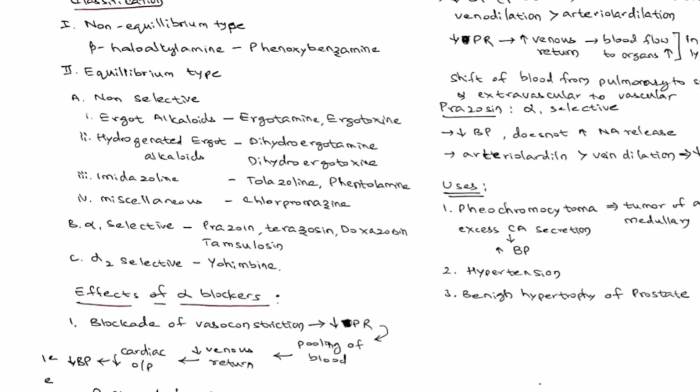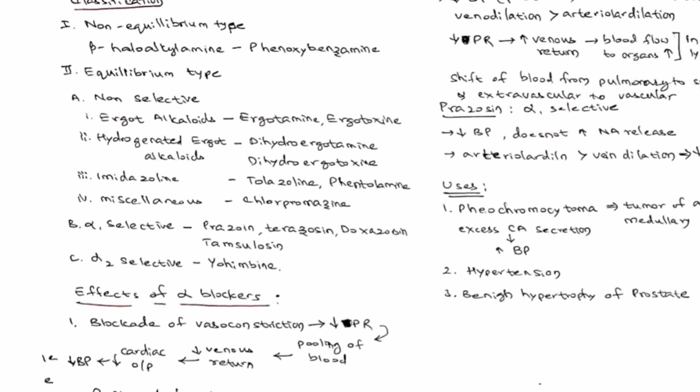Coming to the pharmacological actions of these alpha blockers, first the effect on the blood vessels. As we have discussed, alpha 1 receptors are present on the blood vessels. So blockade of these alpha receptors causes blockade of vasoconstriction, leading to vasodilation. Vasodilation is mainly of veins.